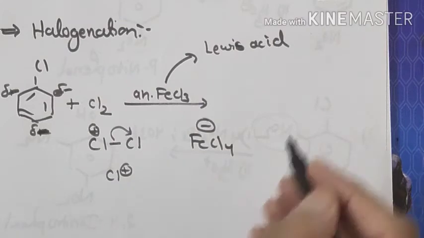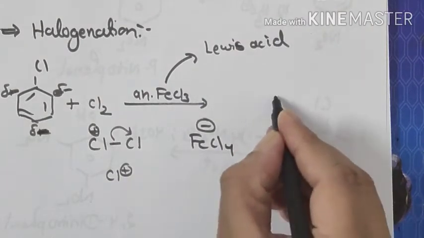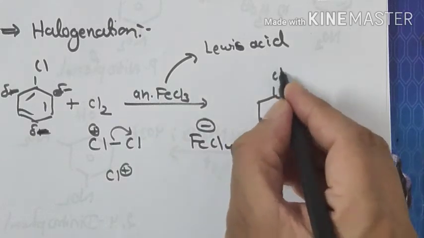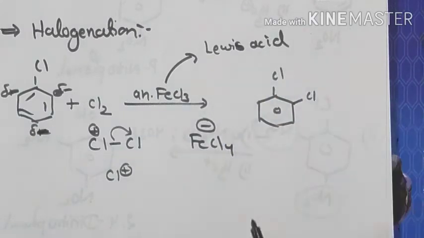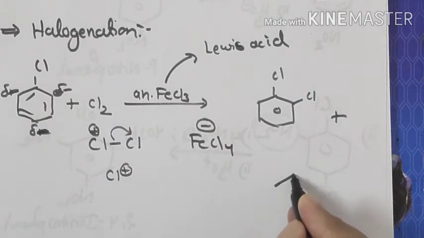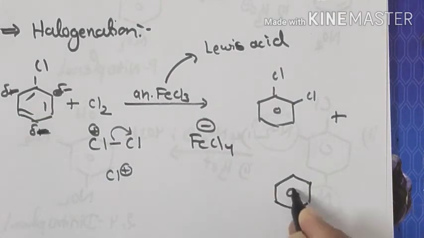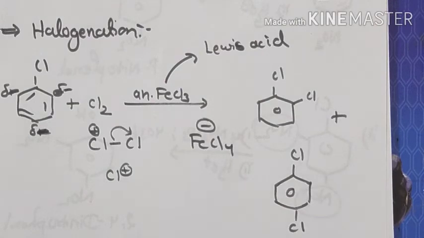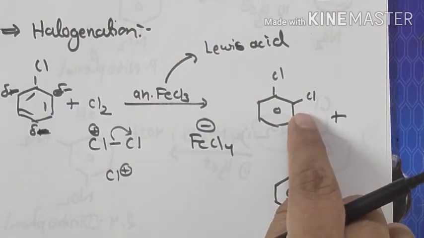So what will be the product? Product can be like this. One chlorine is already there, the second chlorine comes over here. Also the chlorine can come to the para position.